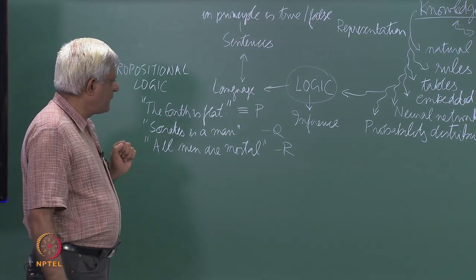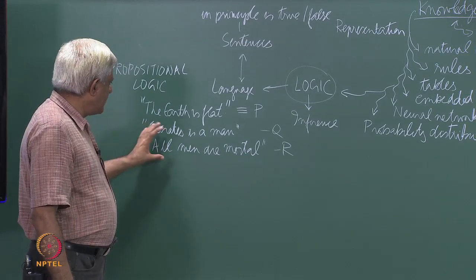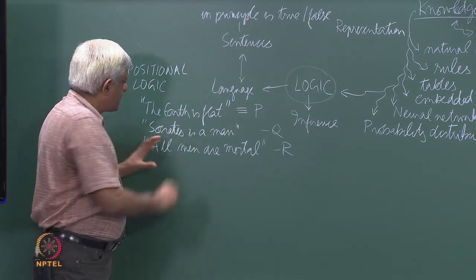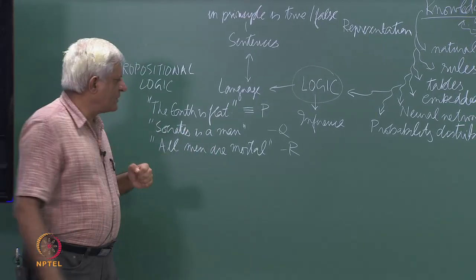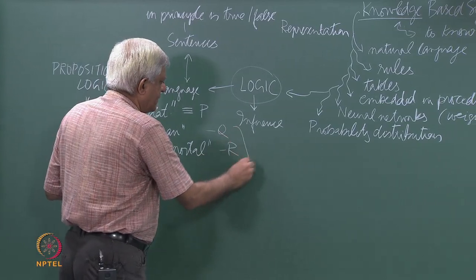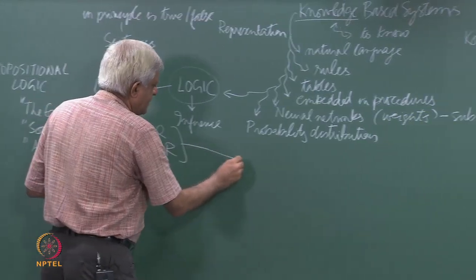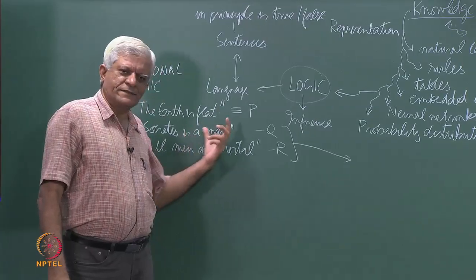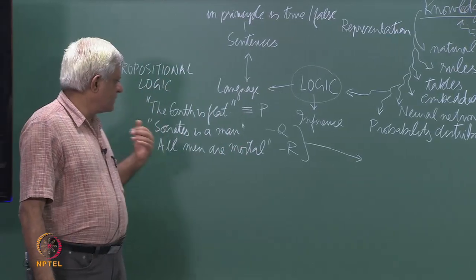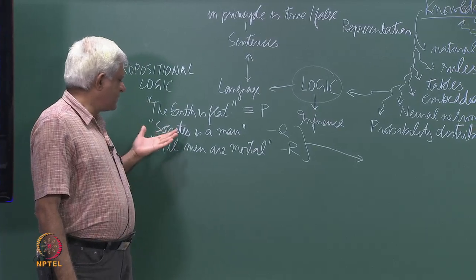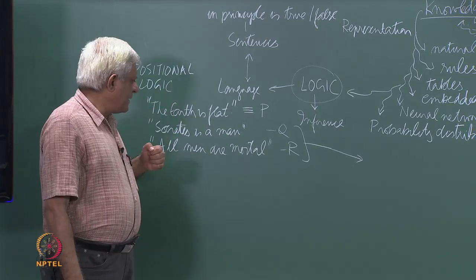Now, these two statements are well known for anybody who has studied logic, because together they represent some of the oldest examples that people have been using in logic. In fact, from Greek times, that is why we have the term Aristotle, sorry Socrates, and the logic.